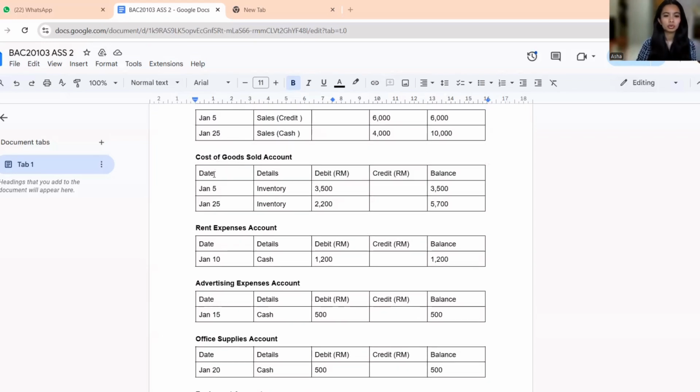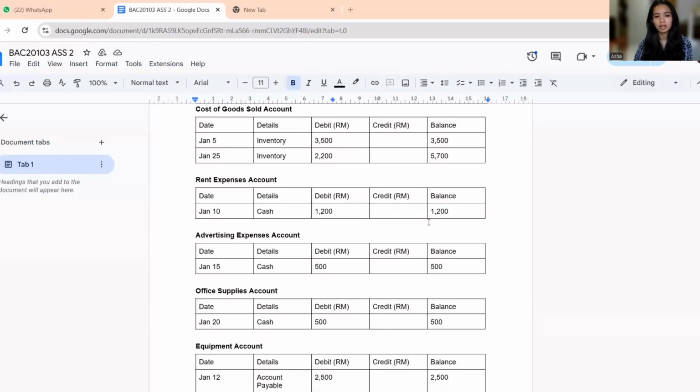Next, we'll be going to the cost of goods sold account. On the 5th January, inventory, 3,500 on the debit side, and the balance is 3,500. And moving on to January 25th, inventory, 2,200 on the debit side, and the balance is 5,700.